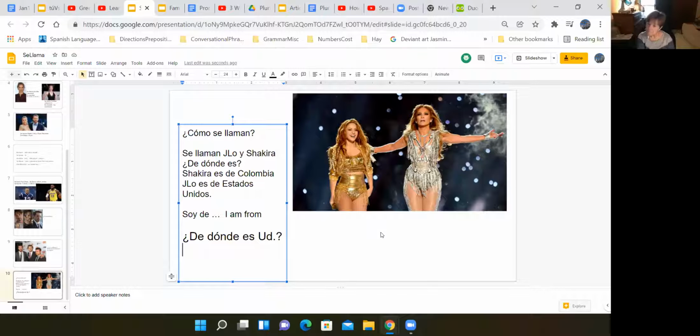Now I'm going to talk about both of these people. Shakira y Gerard son padres. They are parents. Padre means dad, but when I make it plural, it means mom and dad together.